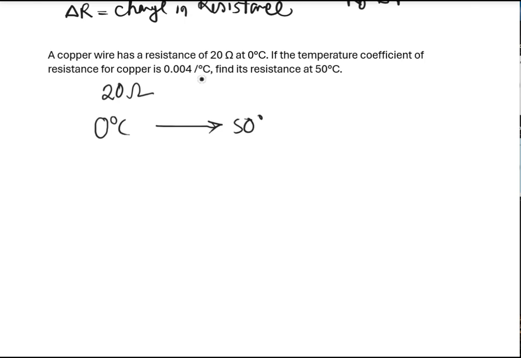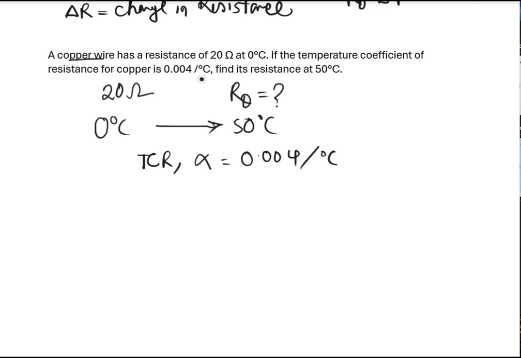At 50 degrees Celsius, what will be the resistance? That is what we have to calculate. And for the copper wire, the value of the temperature coefficient of resistance alpha is 0.004 per degree Celsius. These are the given data to solve the problem.